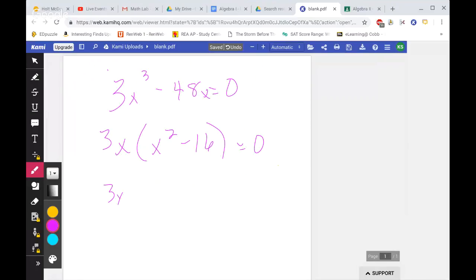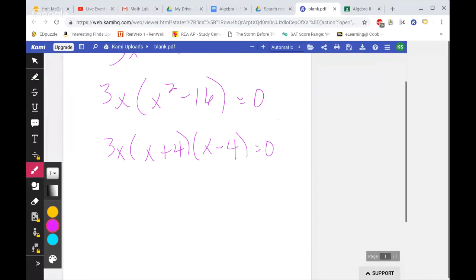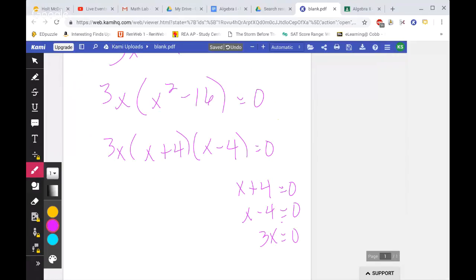So then they would have had this, because this is the difference of two squares. And to find the real zeros, remember how we would take each one of these little factors and set each one equal to 0 to find the zeros? They left this one out, and that's important.